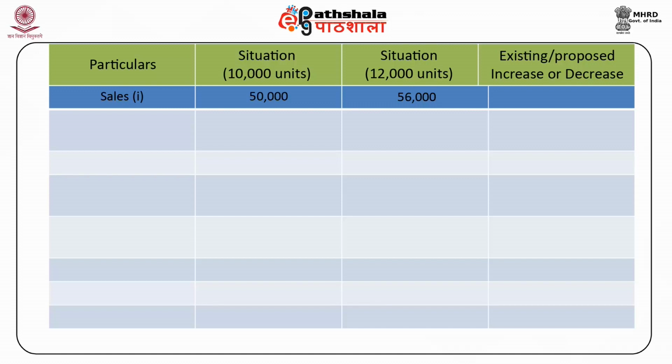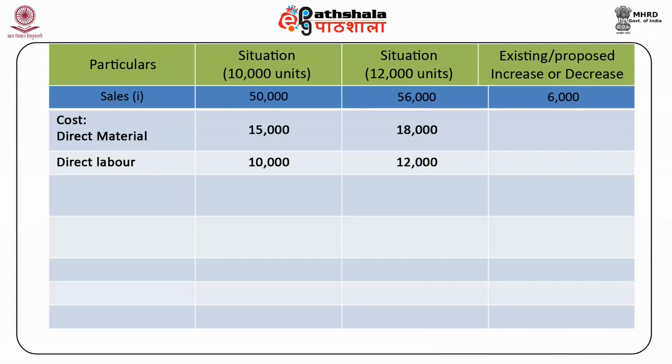Here, sales would amount to Rs 50,000 plus Rs 6,000, that is Rs 56,000. Direct material cost would be 12,000 multiplied by 1.5, that is Rs 18,000. Direct labor cost would be 12,000 multiplied by 1, that is Rs 12,000.